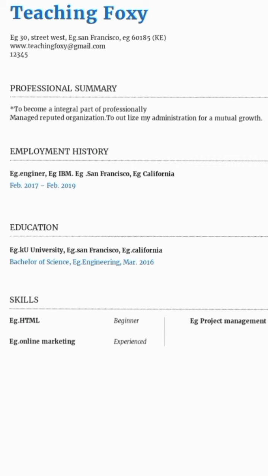Otherwise, it's not necessary. Your course, the university, and the year of passing. That should be good. And if you have any references in the corporate world, that will really help. Your previous employer, your previous boss, your seniors, your peers, that will really help.